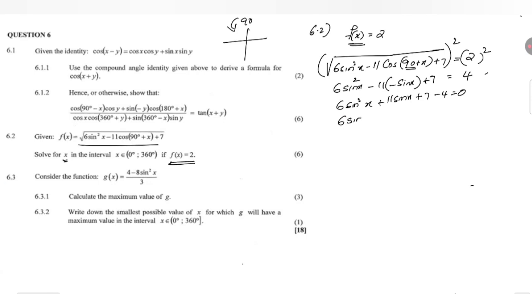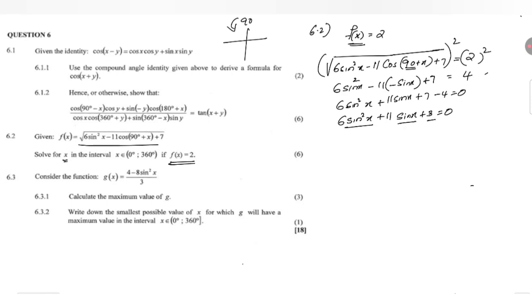That is 6 sine square x plus 11 sine x, then minus 7 plus 7 minus 4 going to be plus 3 is equal to 0. I hope you can see a quadratic equation there, where quadratic in what? Sine x, squared, there's a single term and a constant, isn't it?